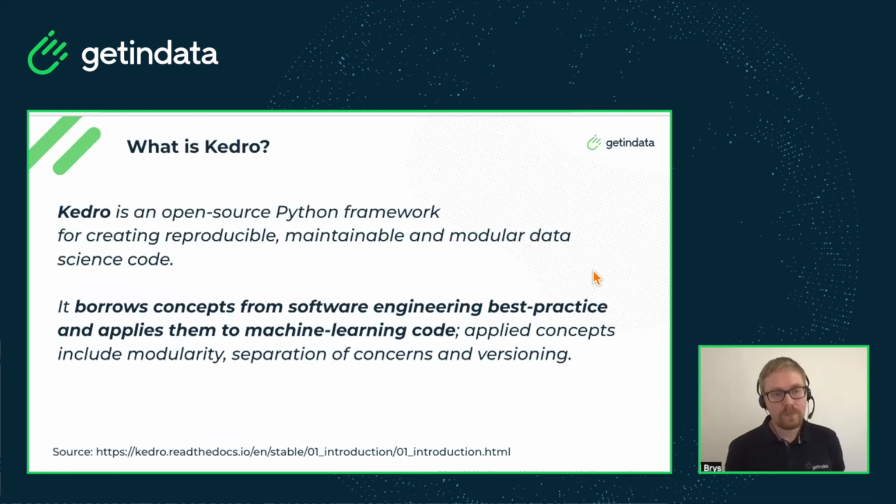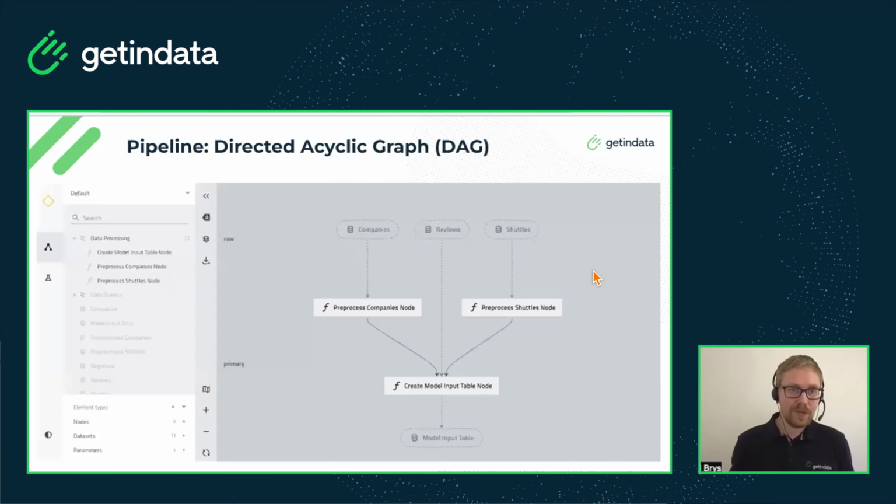So why Kedro? What is Kedro? Kedro is an open source Python framework for creating reproducible, maintainable, and modular data science code. And the Kedro authors say that it borrows the best concepts from software engineering and applies them to machine learning code. So this is the theory. And within that framework, we've got a few concepts introduced.